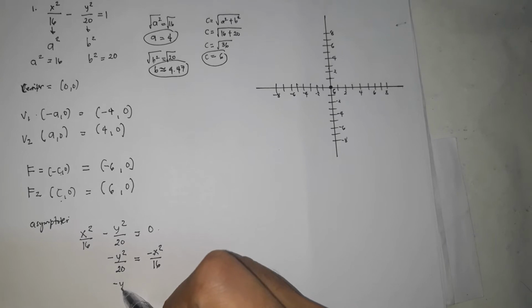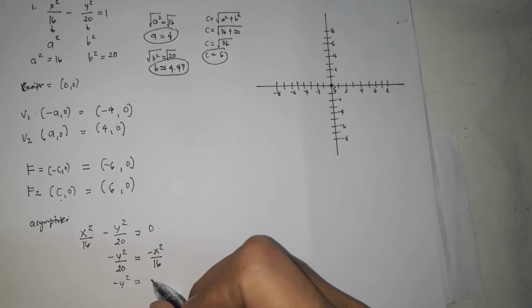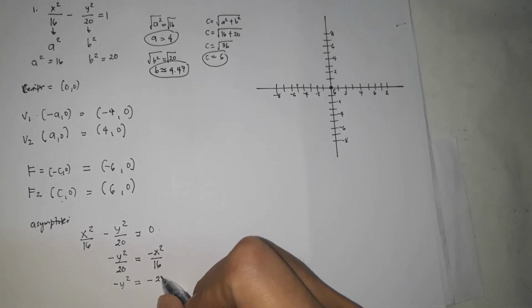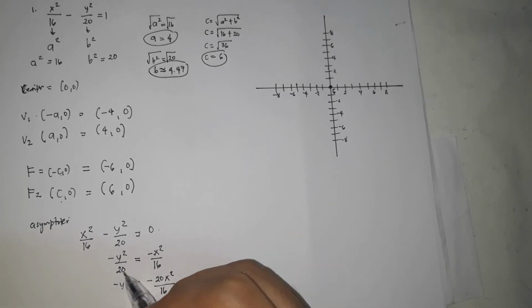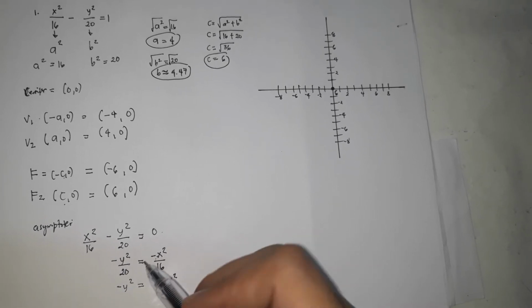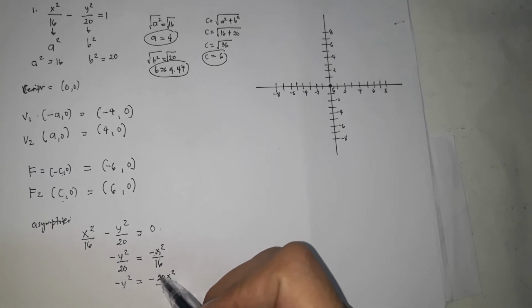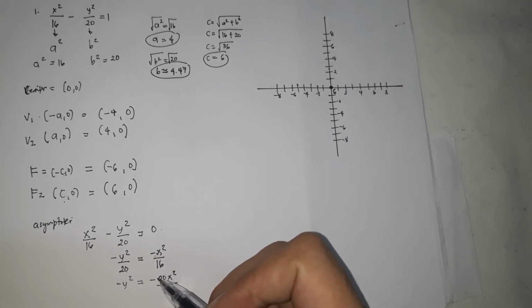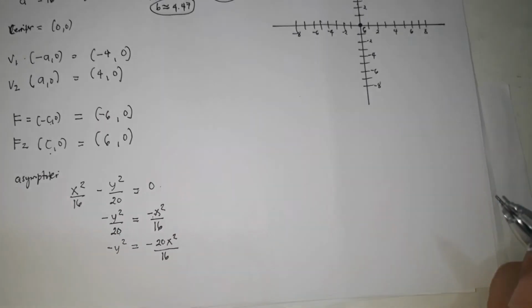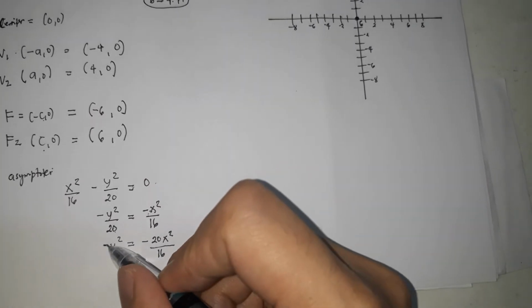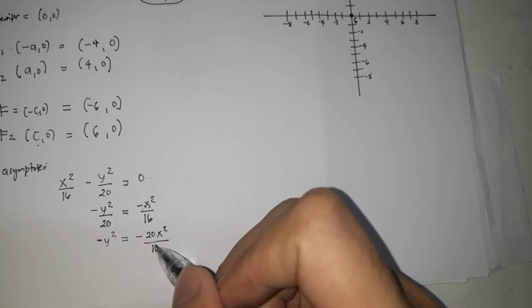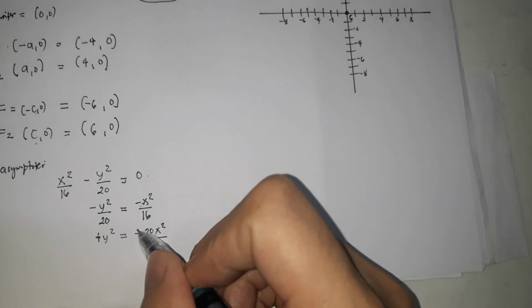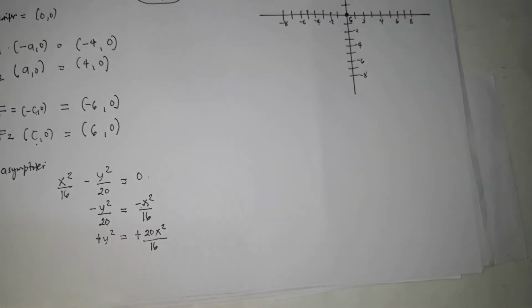So, negative y squared is equal to negative 20x squared over 16. Cross multiply, magiging 20 times x squared. It's a negative 20x squared. Next, after nyan, because this is negative, kailangan positive siya. So you may divide both sides by negative or simply change negative, magiging positive.